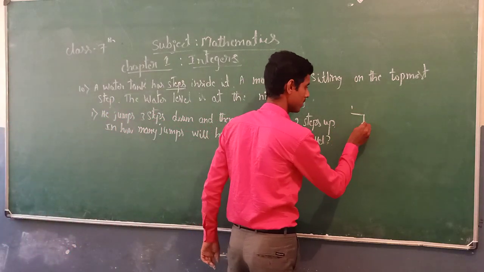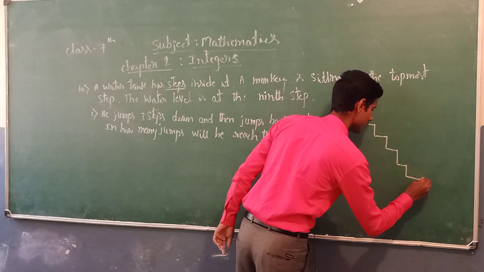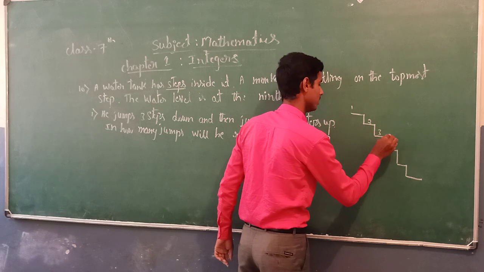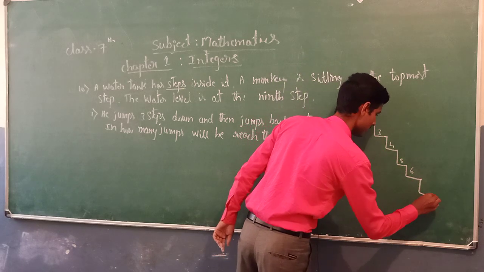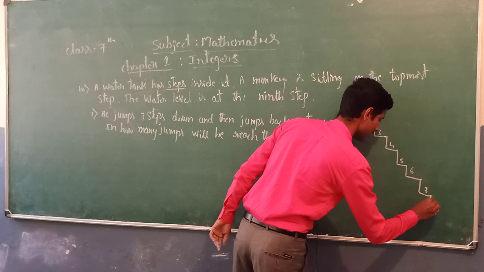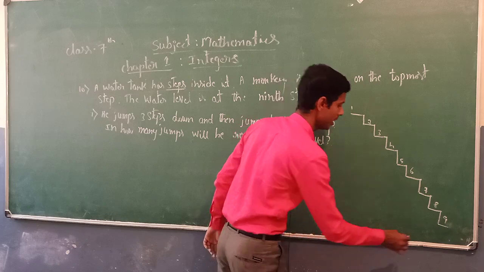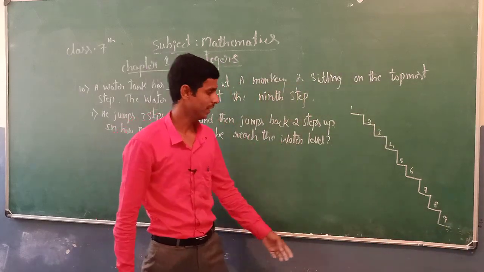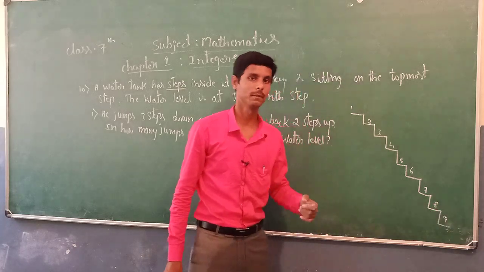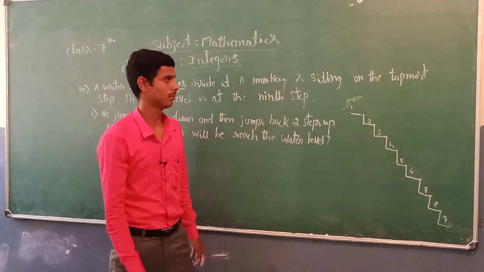This is first, second, third, fourth, fifth, sixth, 7, 8, 9. Okay, here we have water. In the 9th step, we have water, right? So monkey is sitting here in the first step.